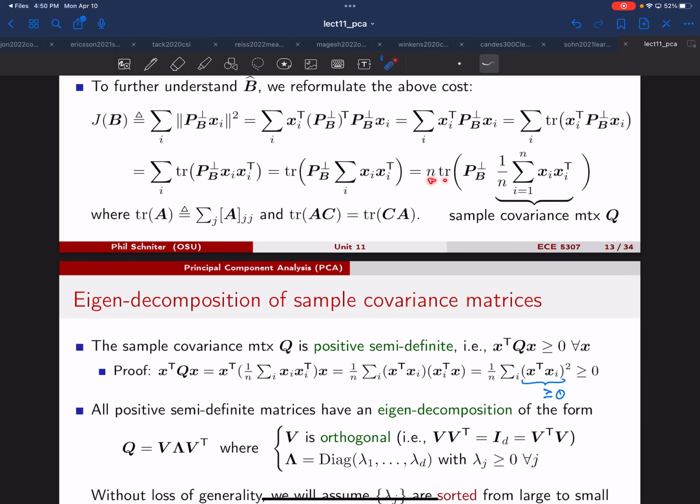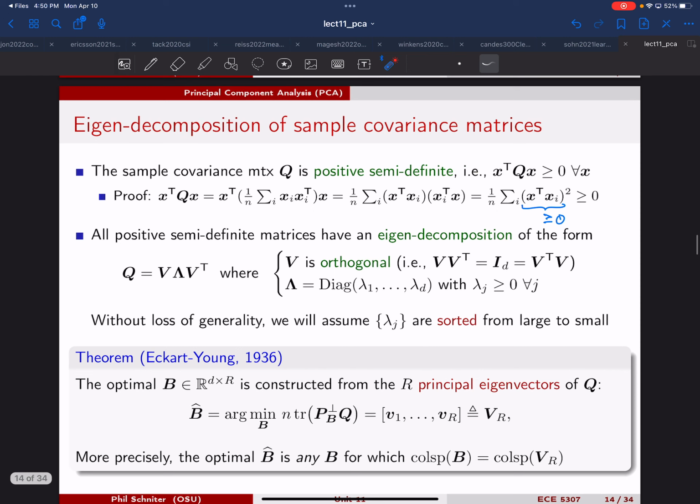Minimize n trace PB perp Q. Back almost 100 years ago, it was proven that to minimize this, it's enough to take the R principal eigenvectors of Q, meaning you search through the columns of V, you find the ones that correspond to the largest eigenvalues, you construct a tall matrix with those, and that is your optimal B.